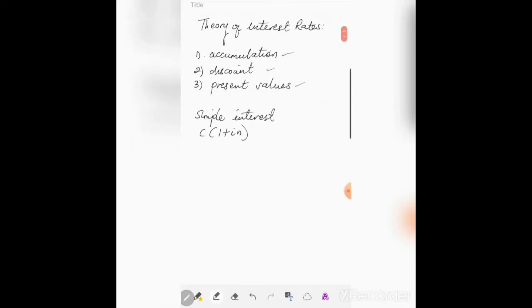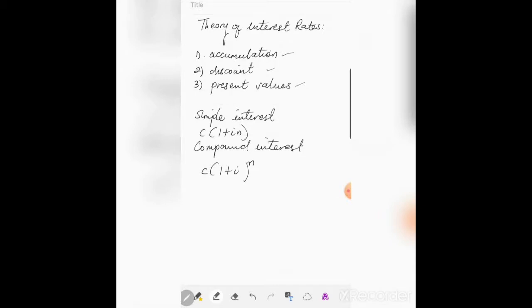And we also looked at the compound interest rate. Under the compound interest rate, we had what? C(1 + i)^n, 1 plus i to the power n. So these are just simple formulas that you need to apply. And we also discussed the principle of consistency and the discount, and we looked at some examples.